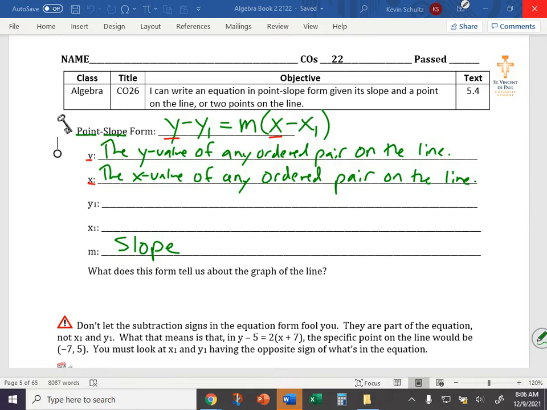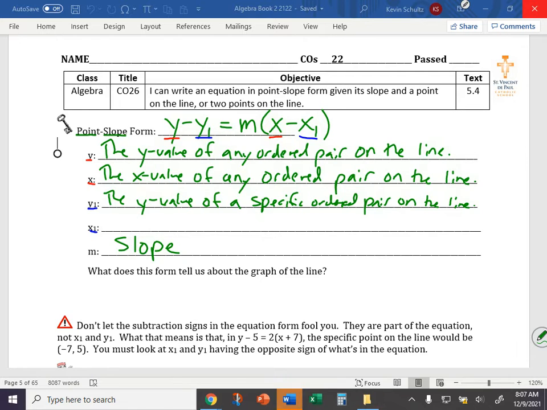Where y1 and x1 come into play, and I'll underline these in blue to differentiate here, the y1 represents the y value of a specific ordered pair on the line.